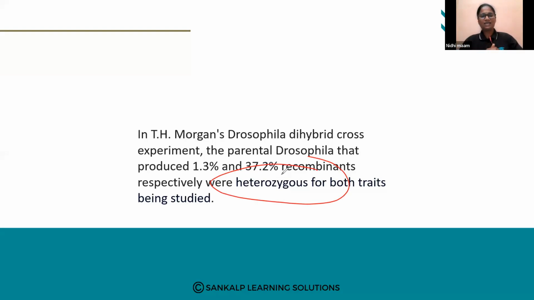So when that was the case, we got 1.3 and 37.2% recombinants.